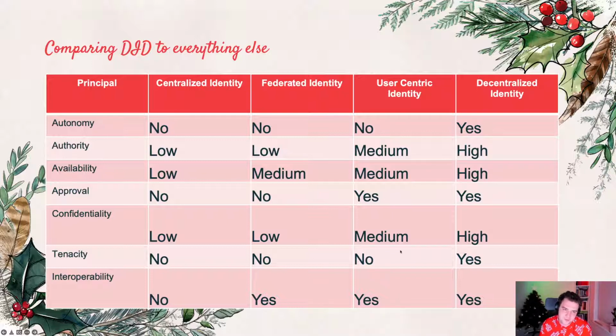Your user-centric identity is similar to federated. You could probably lump the two in the same category, but this is more around things like Facebook and Gmail, where you've got a service that's just ubiquitous and is really focused on your user experience. But you can see across those 7 categories, decentralized identity pretty much wins out in all of them, or is comparable to the existing ecosystem.